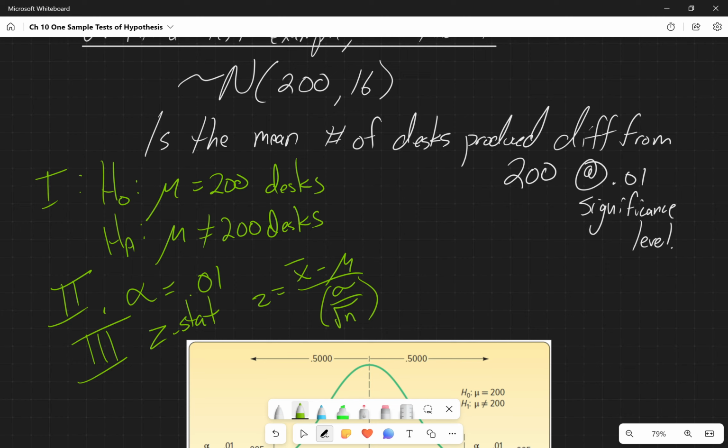So for this particular one, 200 minus 200, our z statistic is going to just be 0. To make it easy, but also slightly confusing.